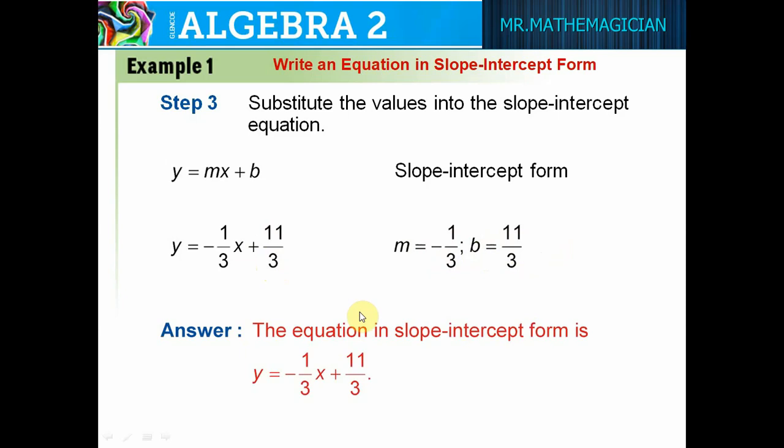So the equation in slope-intercept form is y equals negative third x plus 11 over 3.